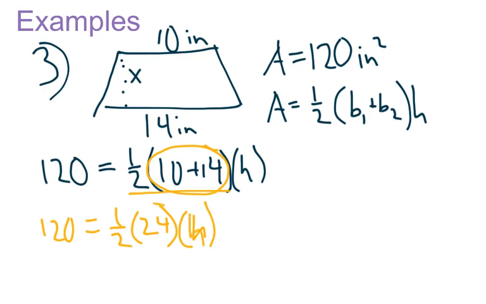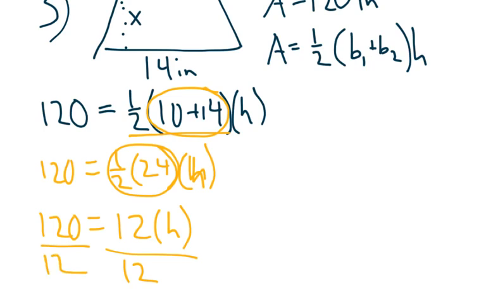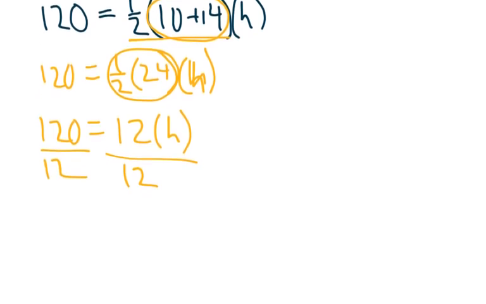Now I will take care of these two. 120 is equal to 12 times our height. Now that we've reduced it to a number and a variable on one side, we divide by that number, because it's being multiplied, so we have to use an inverse operation. When we do that, h is equal to 10, and that gets us 10 inches.